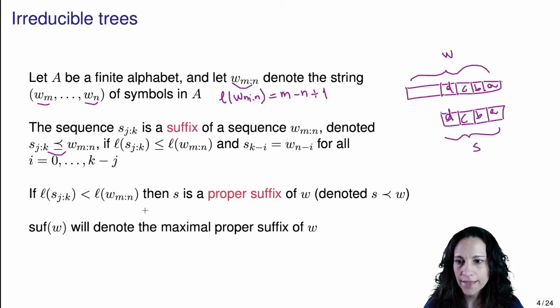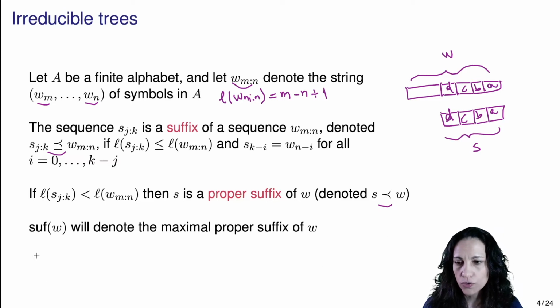In the case the length of S is strictly smaller than the length of W, then S is said to be a proper suffix of W, and in this case we use this notation, okay?